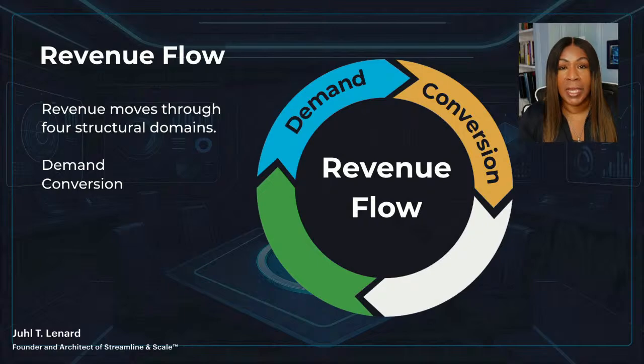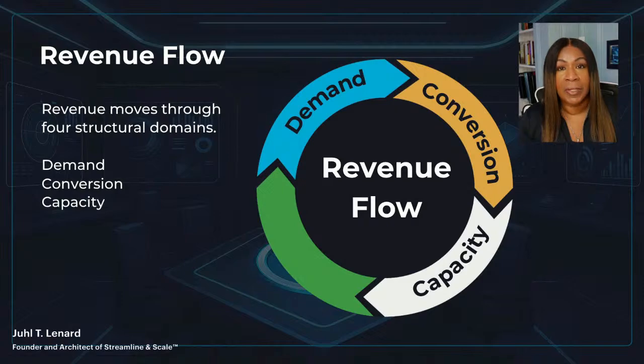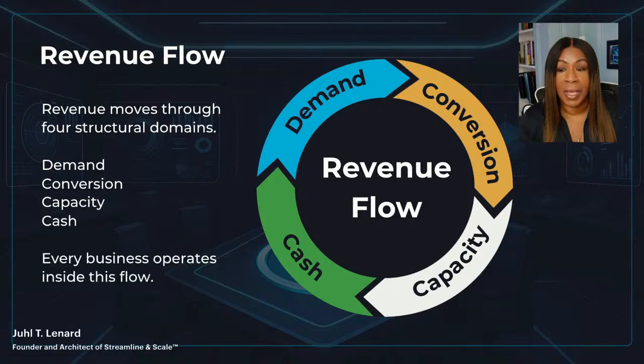Conversion is where the interest created by the demand converts to clients. Capacity is where we deliver on the promise. And cash is where the value transforms into stability for the business. Every business operates within this flow.